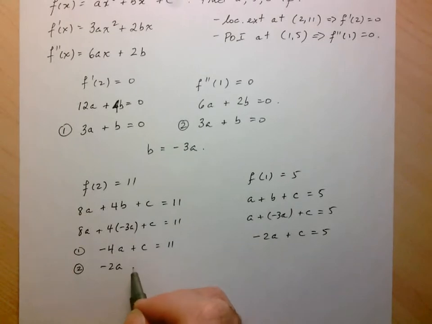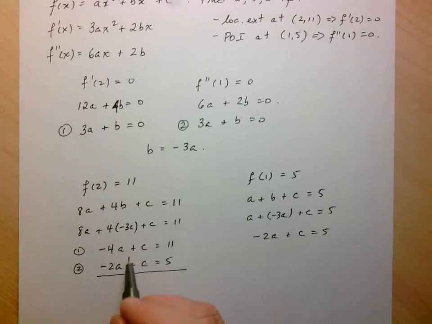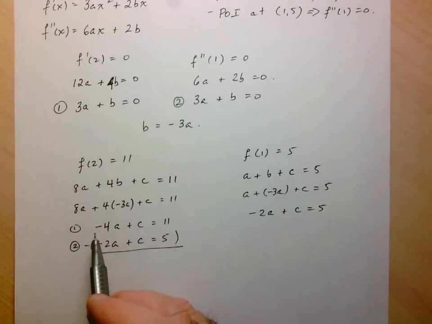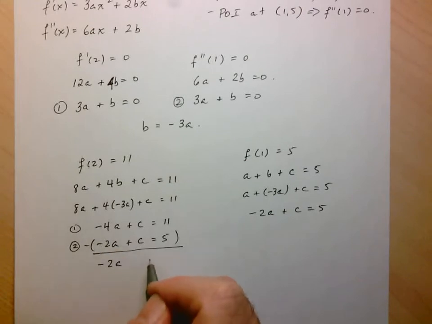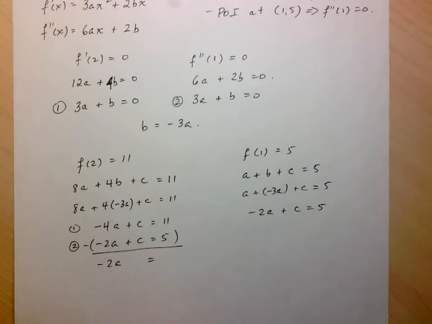So negative 2a plus c is equal to 5. And I'm going to subtract them to eliminate the c. So here we have negative 4 plus 2, so negative 2a. The c's cancel out, so 11 minus 5 is 6. So we've got a is equal to negative 3.